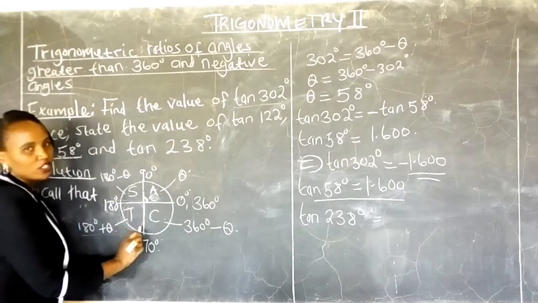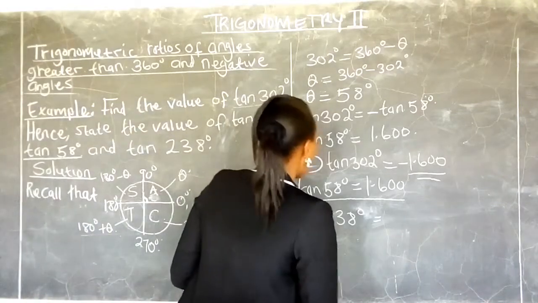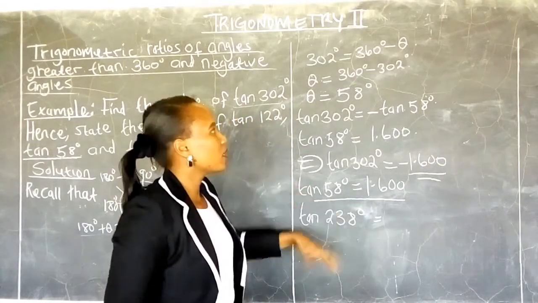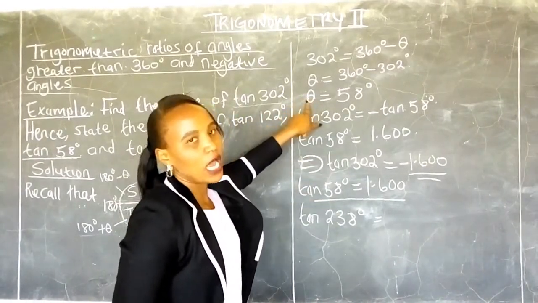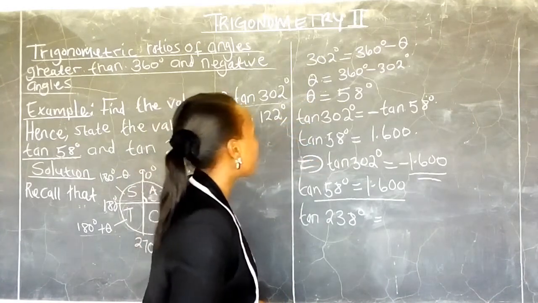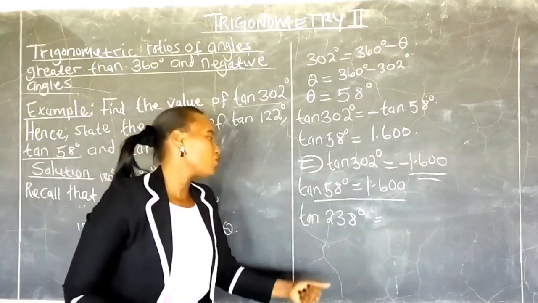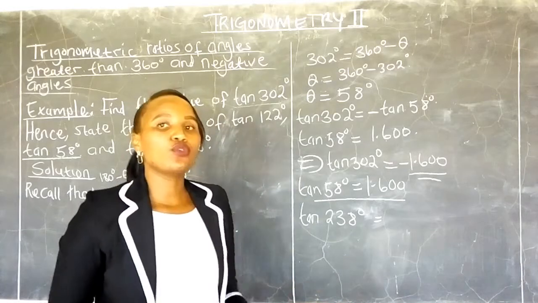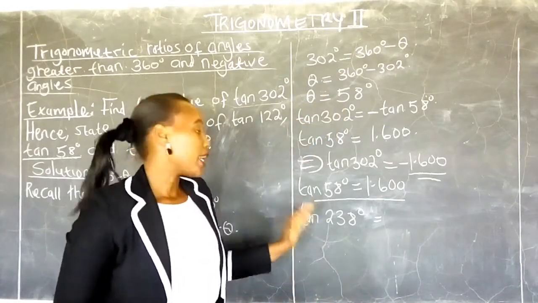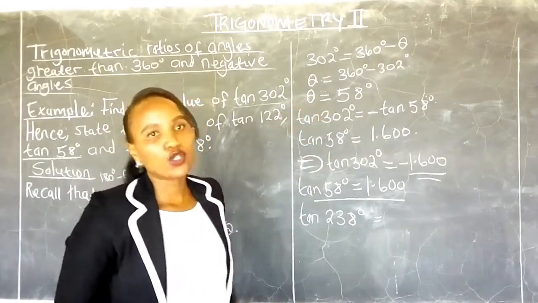But the rest of the trigonometric ratios are negative. So what does this mean? We also need to find the acute angle. Now I want to assume that we don't know what this acute angle is. I am doing this for the purpose of you to understand, because you might be told to just find tan 238, and probably we don't know the acute angle, which is 58. So I am going to tackle this question assuming that we don't know the acute angle.